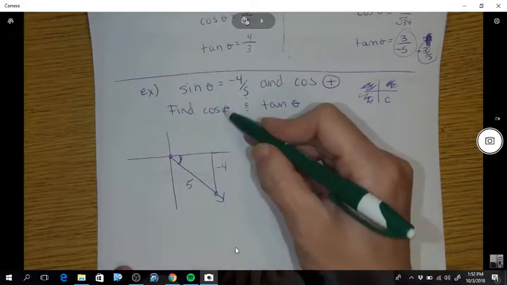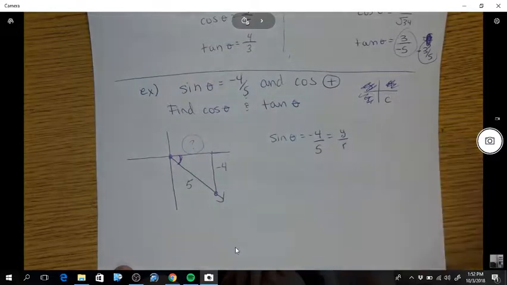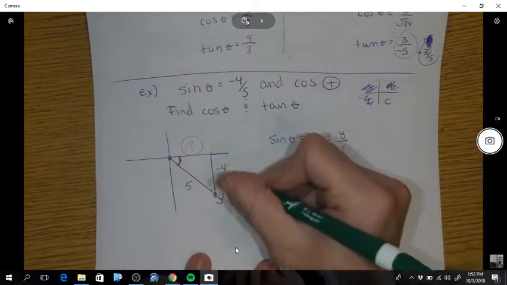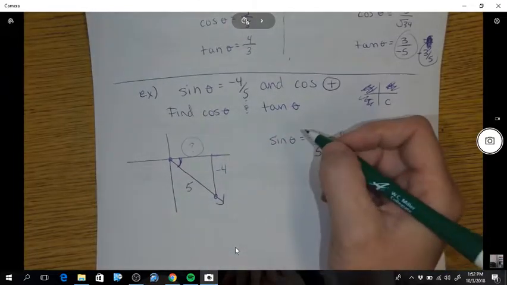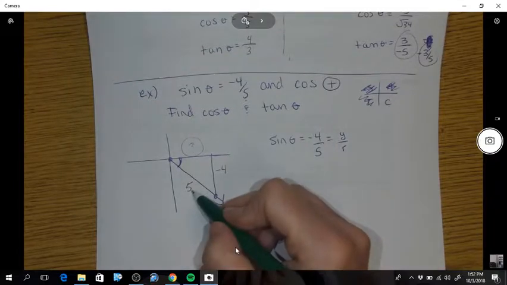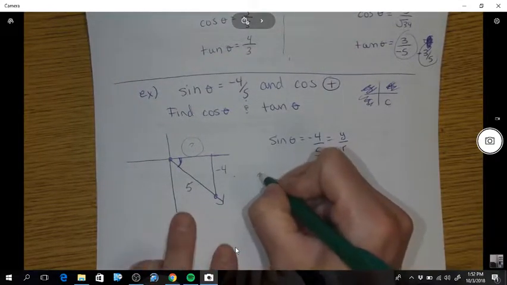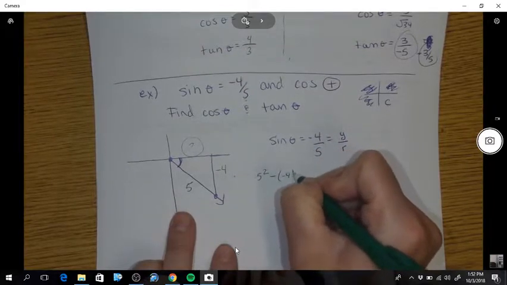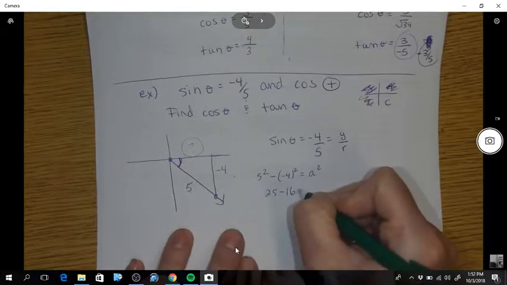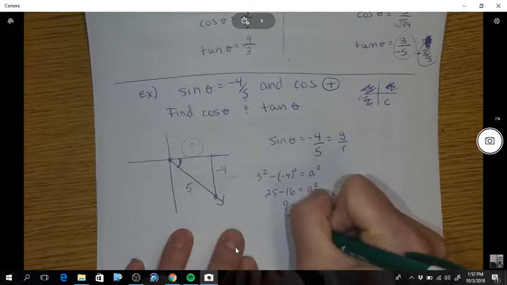This isn't +4 because that would be up there. So I need to find this value. Now in the Pythagorean theorem, we're going to find a smaller side. So we have to do c squared minus b squared to get an a squared. So 5 squared minus -4 squared. So 25 minus 16, which is 9. So my a is 3.